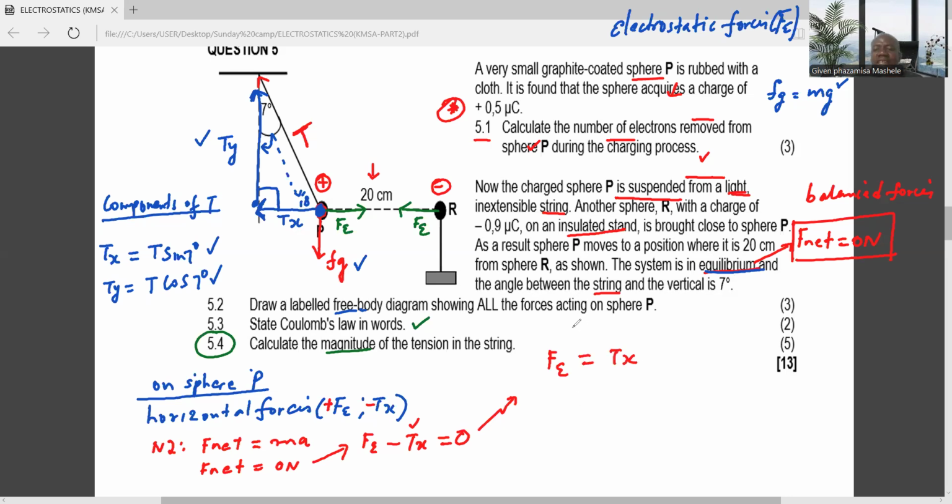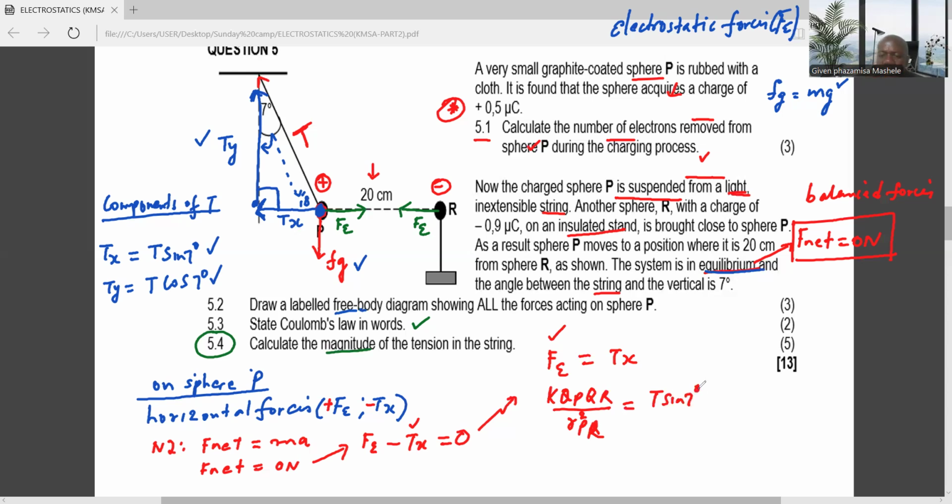We want to calculate the tension, so we must first get the electrostatic force between P and R. To do that, we use the formula K Q1 Q2, the charge on P and the charge on R, divided by the square of the distance between P and R, which equals Tx. What is our Tx? Our Tx is T sine 7 degrees.